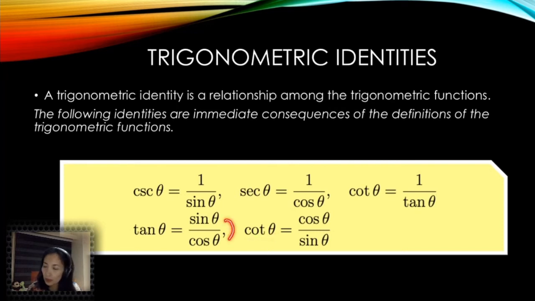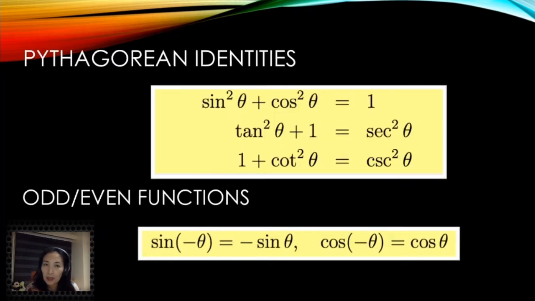So your cotangent theta must be cosine over sine. So these are the basic trigonometric identities. Now, we also have what we call Pythagorean identities. This came from your Pythagorean relationship, or the relation between and among the sides of a right triangle. This in fact can be derived from the unit circle.